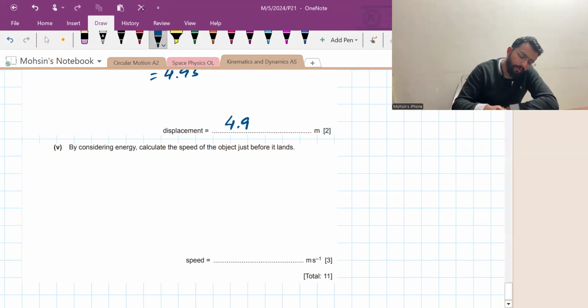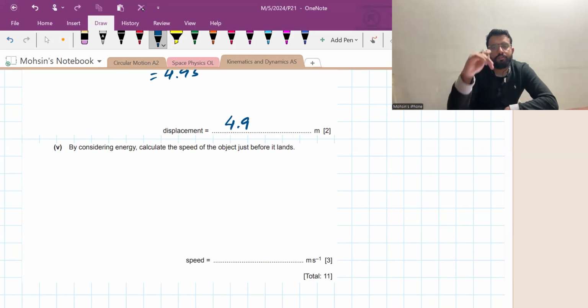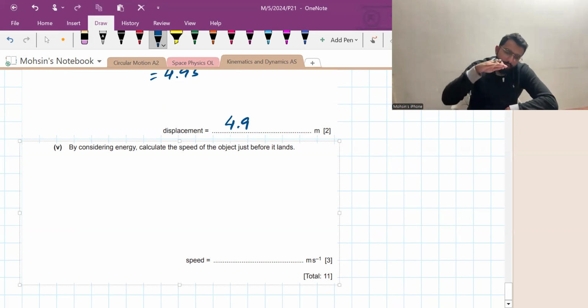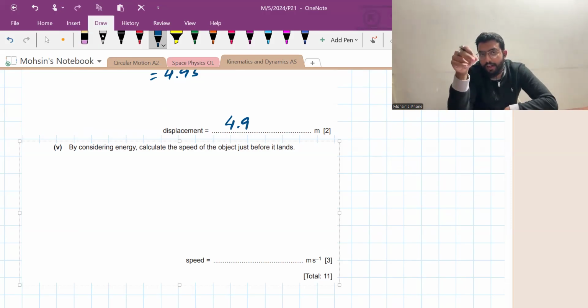You have to remember one thing. When it was at a particular height, it has an initial velocity of 6. So at that particular height, it has both kinetic energy and potential energy.